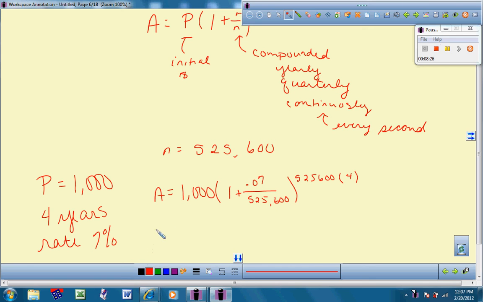Alright, so we'll punch this into the calculator. Be careful of using your parentheses. So if we do 1,000 times 1 plus, I'm going to use another set of parentheses to separate my fraction, 0.07 divided by 525,600, and parentheses, raised to 525,600, and I want to know after 4 years.